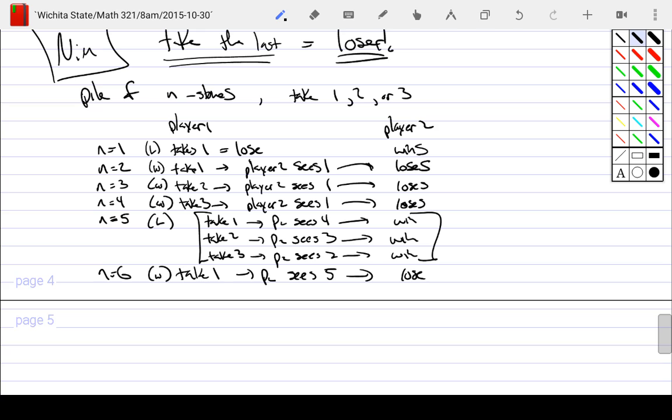Any guess on what the pattern does? Lose, win, win, win. Lose, win, win, win. Lose, win, win, win. Is everybody okay with that?